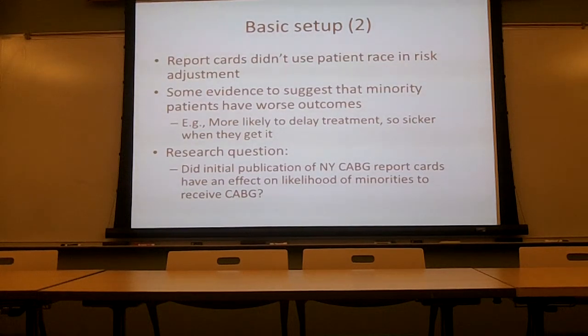Now, the research question was simply, let's look at this initial publication of report cards. At the very beginning, these report cards are brand new. In New York, no other states had them at the time. Did the publication of these report cards have a differential effect on the likelihood of minorities getting CABG versus non-minority patients?